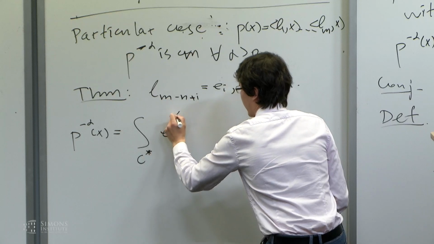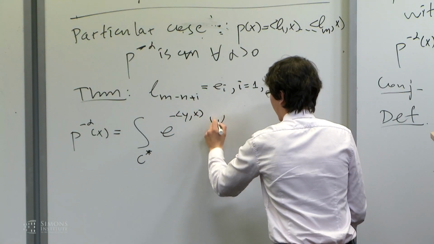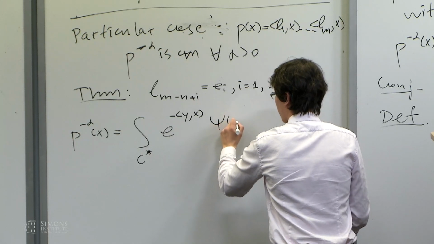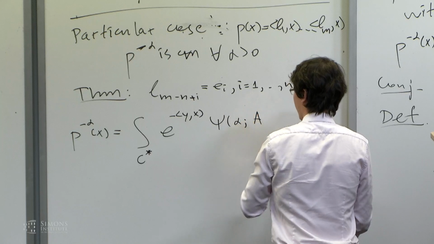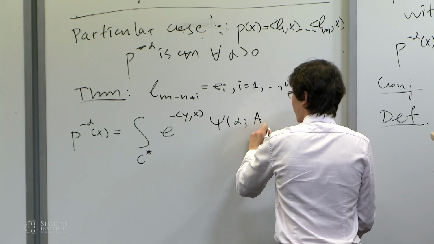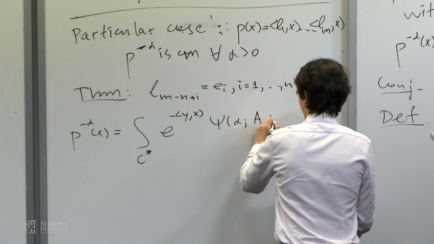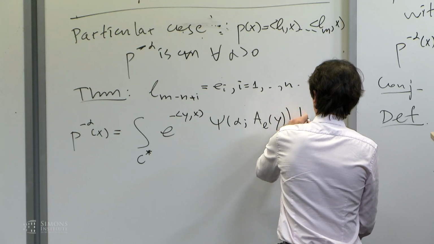And my Riesz kernel is given by the function called the Gelfand-Kapranov-Zelevinsky hypergeometric function. And I will try to explain what it is now. It will be a function that depends in a very complicated way on parameters.